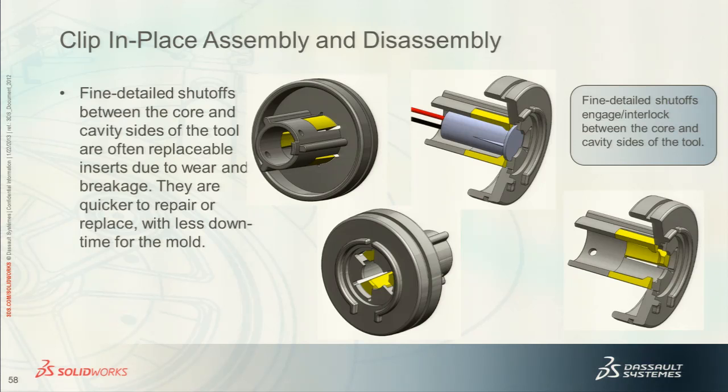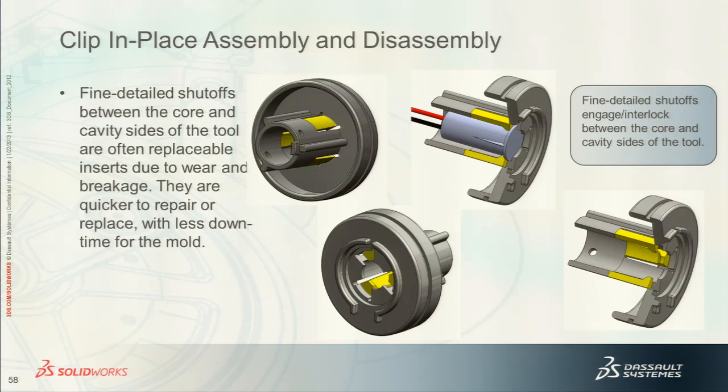Here's some details of the snap hooks. These were all cut into the tool so that I would get these little spring clips to hold in different components. One good practice, if you're going to have this type of detail in your mold, is to have the tool steel that is creating these particular features put into your tool as inserts.